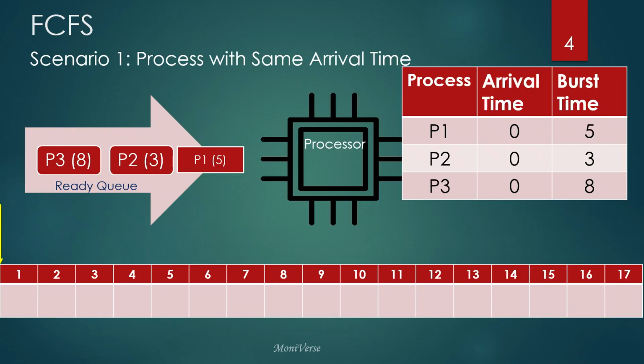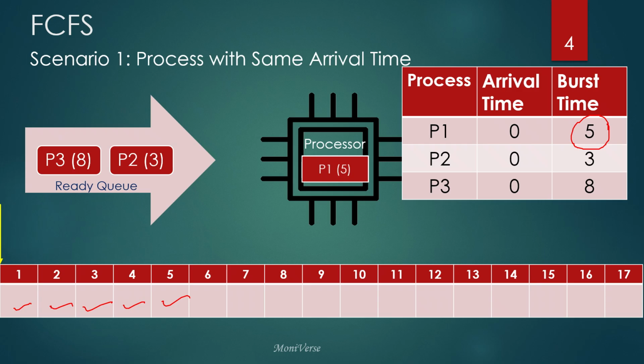In scenario 1, the process P1 is initially in the ready queue. The processor is idle, so we can start executing. Now the process P1 enters. We know the burst time of P1 is 5, so 5 units of time it is going to take for execution.